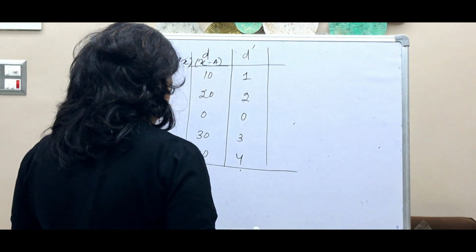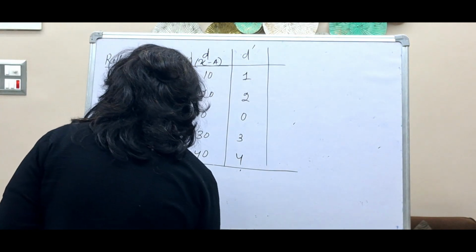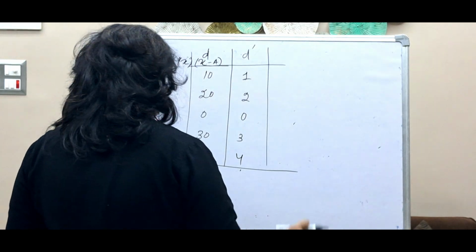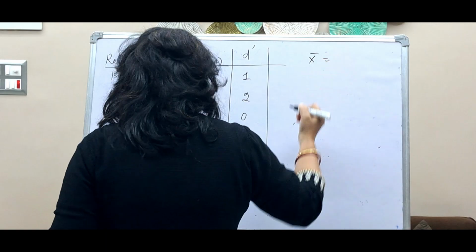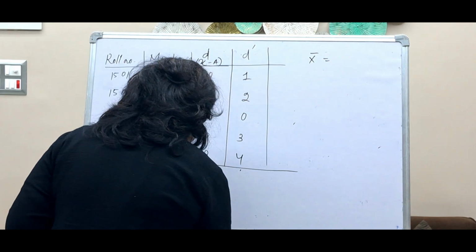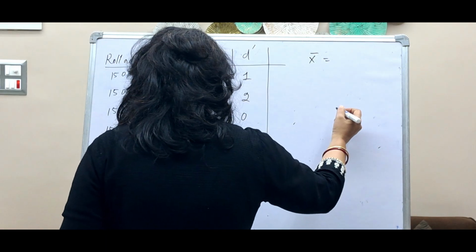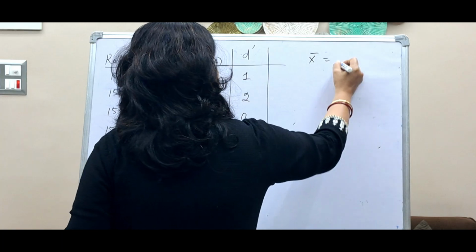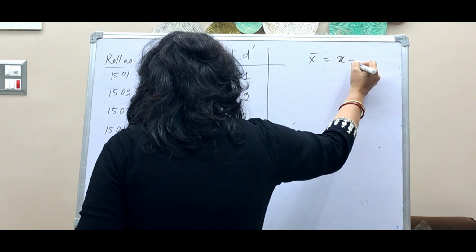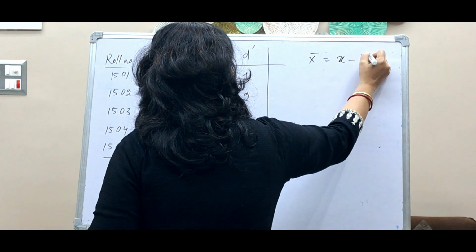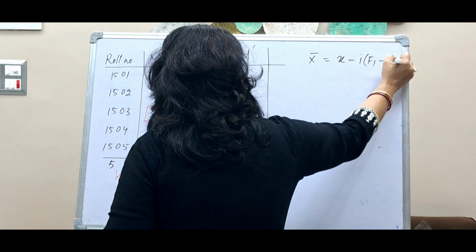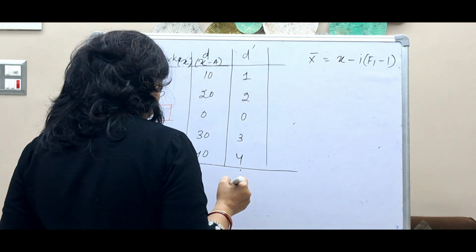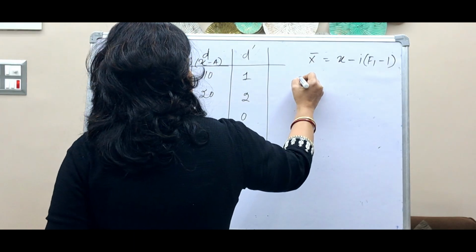So the formula for the shortest method is x bar equal to x minus I into f1 minus 1. What is x?